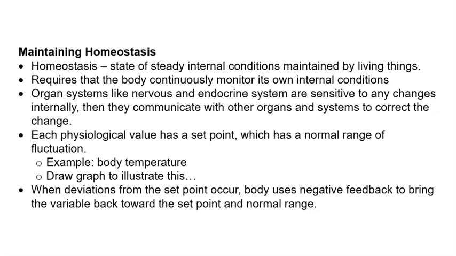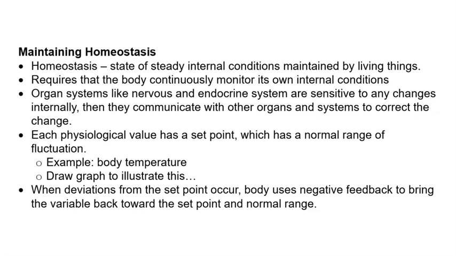Now, for humans, we have organ systems such as the nervous system and endocrine system, which are sensitive to any changes that occur internally, and then one of their primary functions is to communicate those changes with other organs and other organ systems so that those organ systems can alter what they're doing in response to that change and bring the body back into homeostasis.